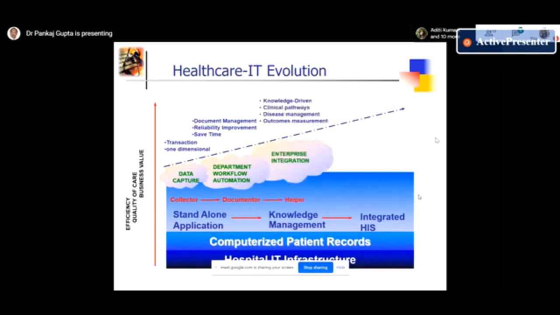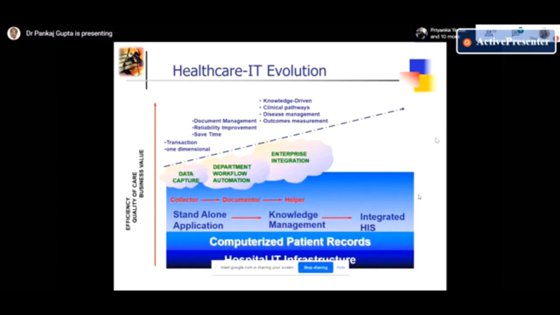Enterprise integration is all these systems which are at the entire enterprise level. So the entire organization has the same system, or a group of systems that are integrated with each other. And the data can flow across departments, across systems, across people seamlessly. So this is a knowledge-driven system.